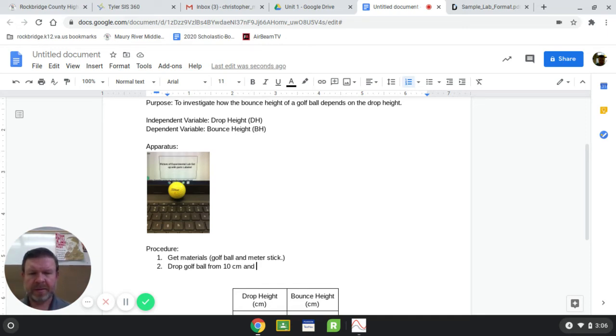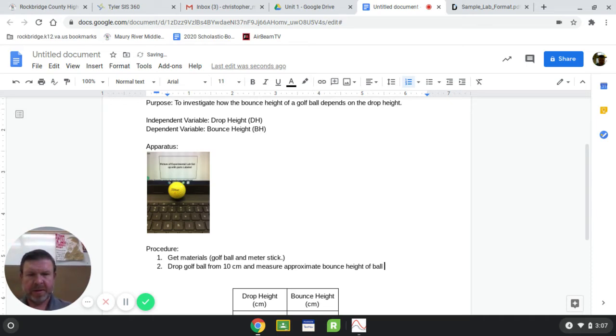I mean, how are we going to measure it exactly? How are we using the meter stick? Let's say this. How about this? Measure approximate. I'm saying approximate here because I mean the ball's going to be bouncing up and down. It's all going to happen pretty fast. So I'm going to do my best to see where it bounces to.